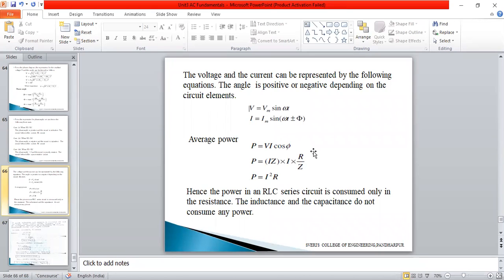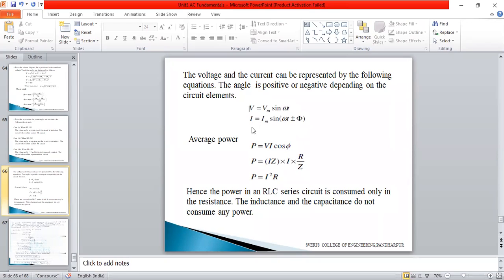For the total equations, the current equation may be i equals Im sin omega t plus or minus phi. The third condition is very rare, so only two conditions we have considered: XL greater than XC or XC greater than XL.